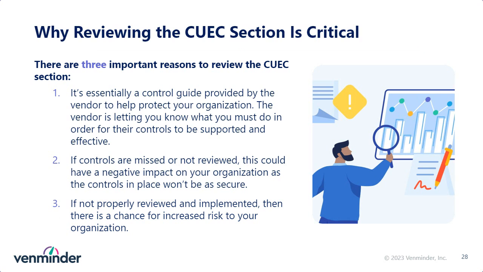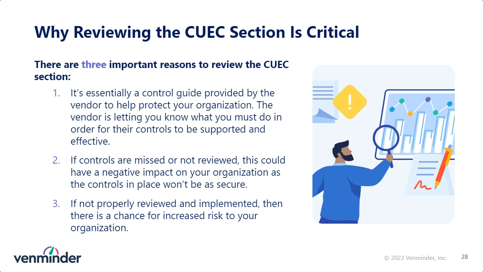So there are 3 really important reasons to review the CUE section. One is it's essentially a control guide provided by the vendor to help protect your organization. The vendor is letting you know what you have to do in order for their controls to be supported and effective. It's a map.